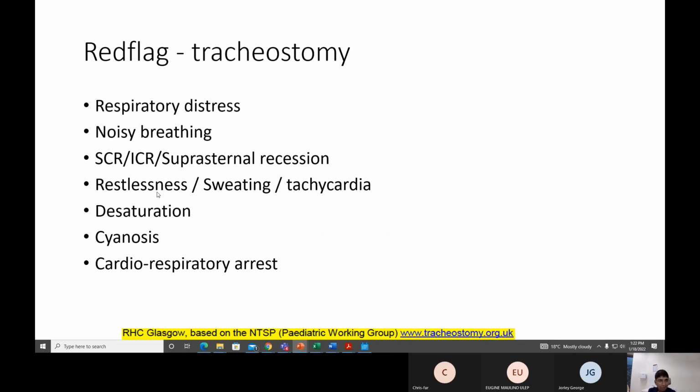The child may also be restless and sweating and tachycardic because there's increased effort of breathing, and the patient is getting agitated because the air doesn't come into the airway. Patient may have desaturation or cyanosis, sometimes even cardiorespiratory arrest. So you have to be familiar with these symptoms. You need to know what the patient's usual respiratory status is so that you can recognize if there is a deterioration.